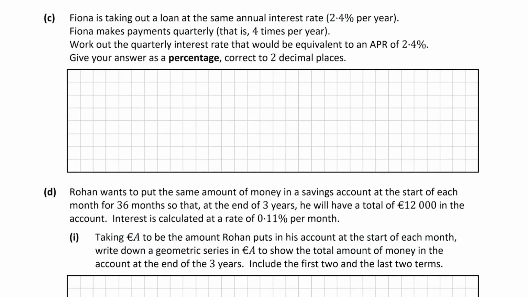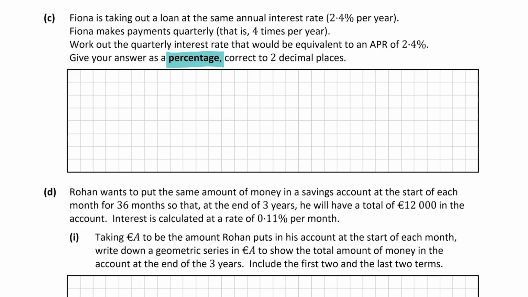Question C tells us that Fiona is taking out a loan at the same annual interest rate, but she makes the payments quarterly. We're asked to work out the quarterly interest rate that would be equivalent to an APR of 2.4%, and to give your answer as a percentage correct to 2 decimal places.